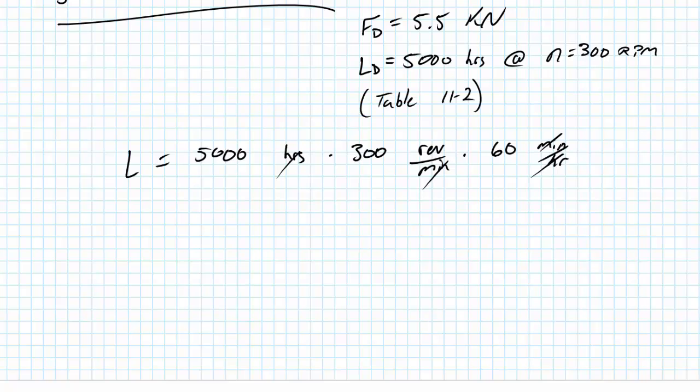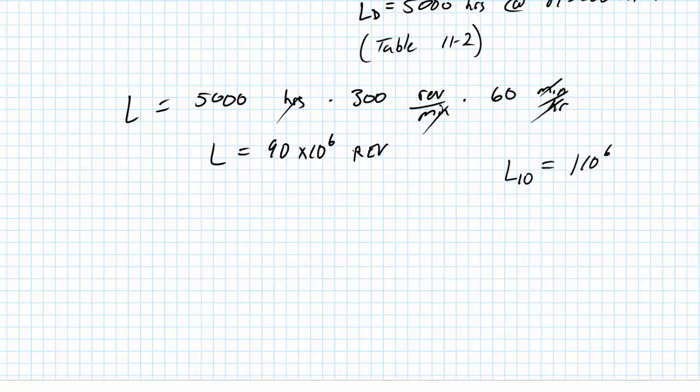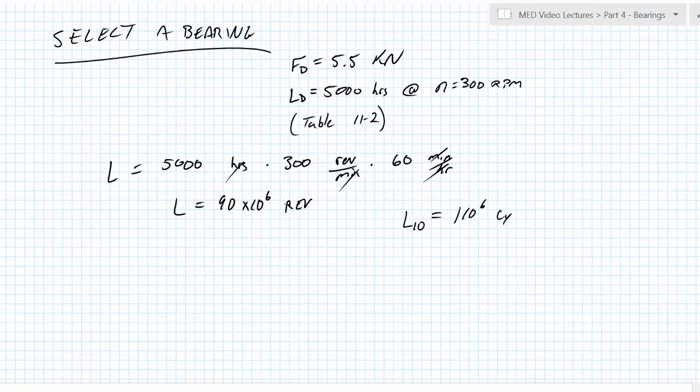That is equivalent to a life of 90 million cycles, 90 times 10 to the 6 revolutions. And recall that we said our rated life for the particular catalog that we're looking at, L10, our catalog rating, is set at 1,000,000 cycles, or revolutions.